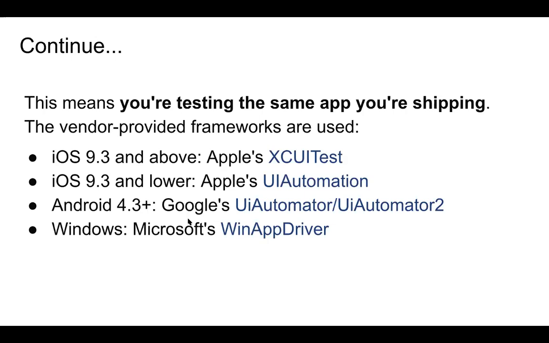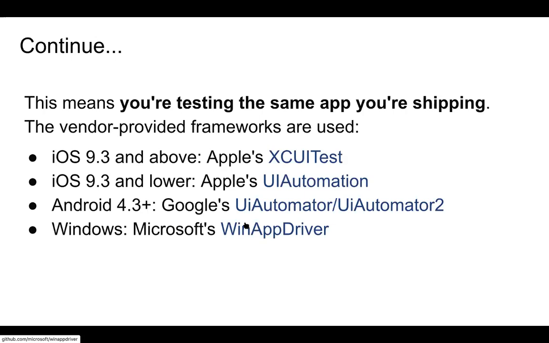Similar to that, Android also has UI Automator and UI Automator 2. So there are two versions of the UI Automator framework. This is also used to drive the automation of the UI of Android applications, and it supports 4.3 plus, right?